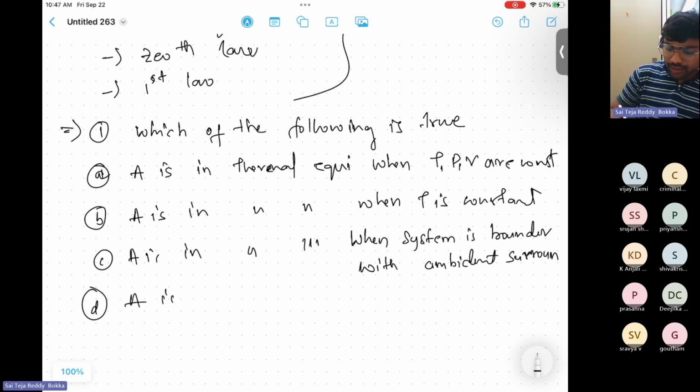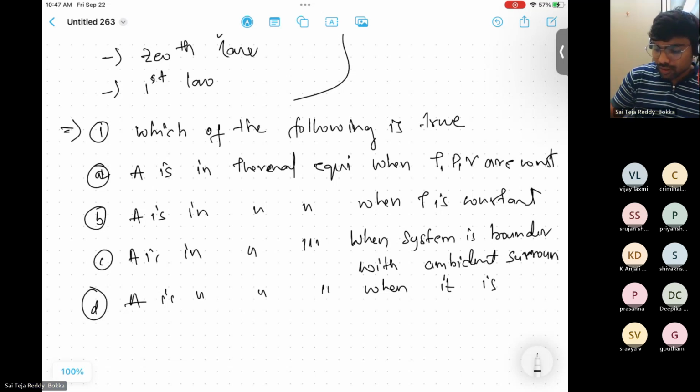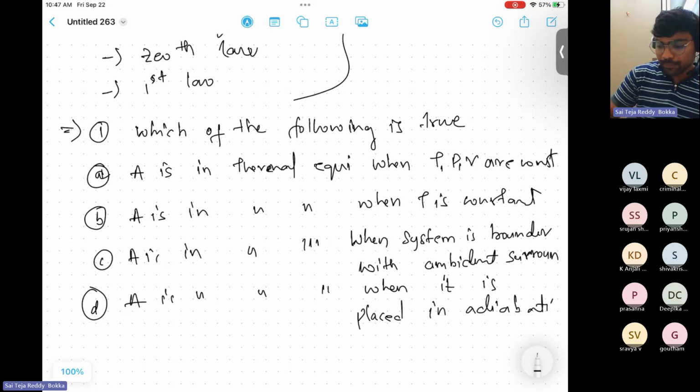And A is in thermal equilibrium when it is placed in adiabatic surroundings.